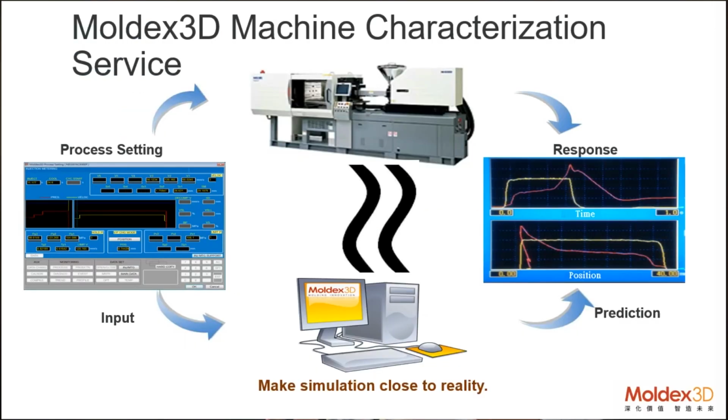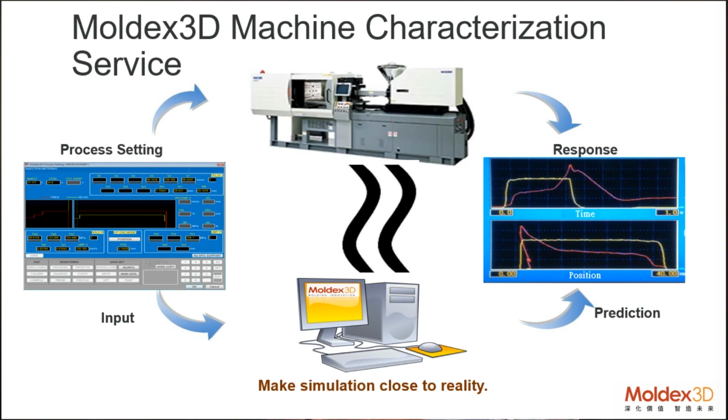So with this machine characterization service, we can successfully consider all the key factors in an injection molding process: the mold design, part design, material properties, machine behaviors, and close the gap between simulation and reality.